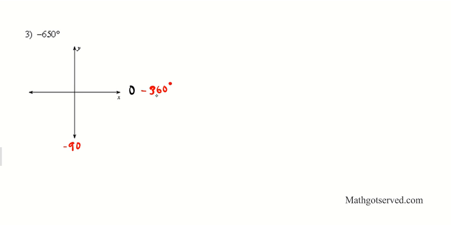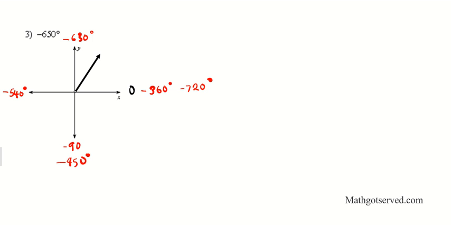Start from negative 360, add 90 degrees: negative 450, then negative 540. The next one is negative 630, and that brings us all the way to negative 720. Now we can see that negative 650 resides somewhere in quadrant 1, like this.